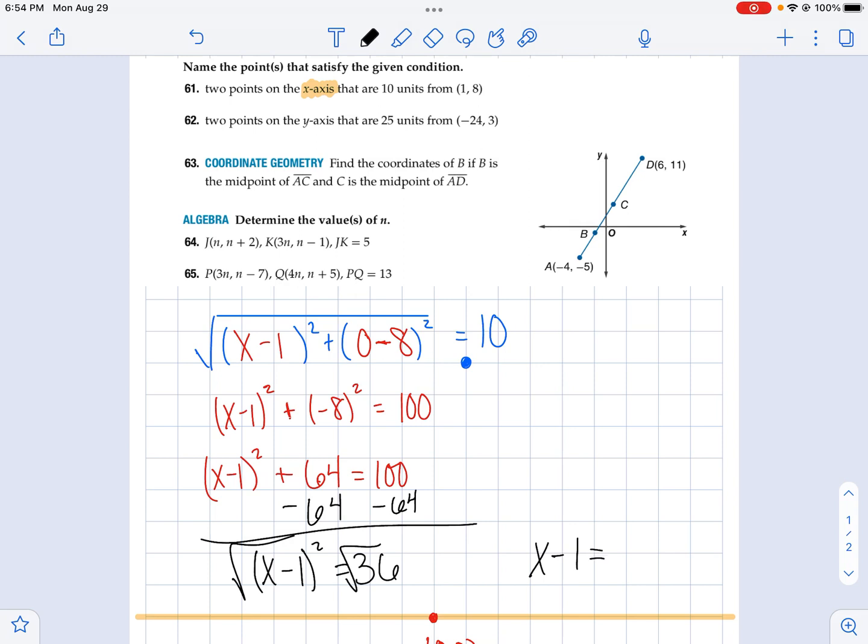It says 2 points, right? Well, when I take the square root of 36, there should be two numbers that are the square root of 36. So what number times itself gets you 36? Well, it could be positive 6, but don't forget that x minus 1 could also be equal to negative 6.